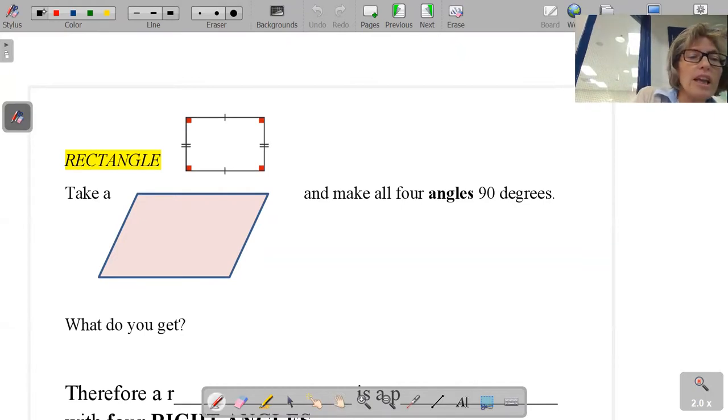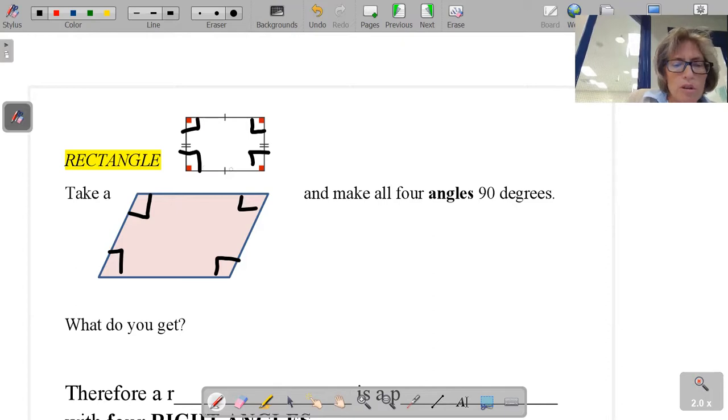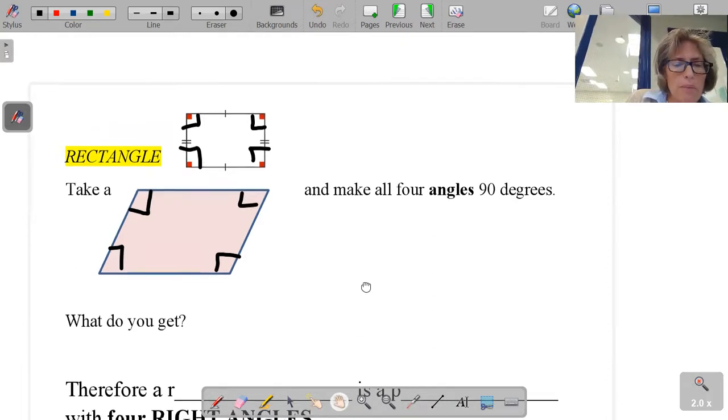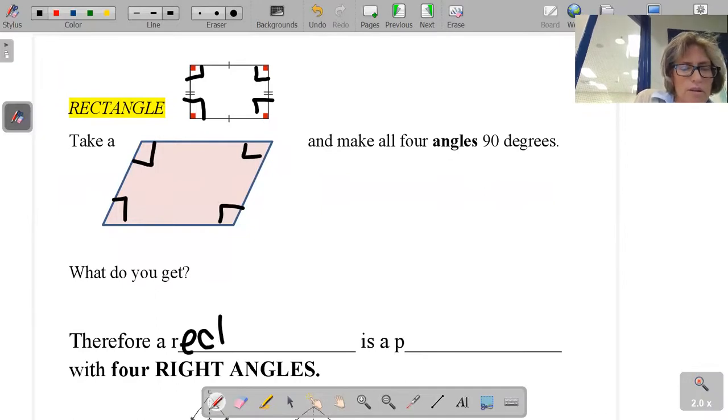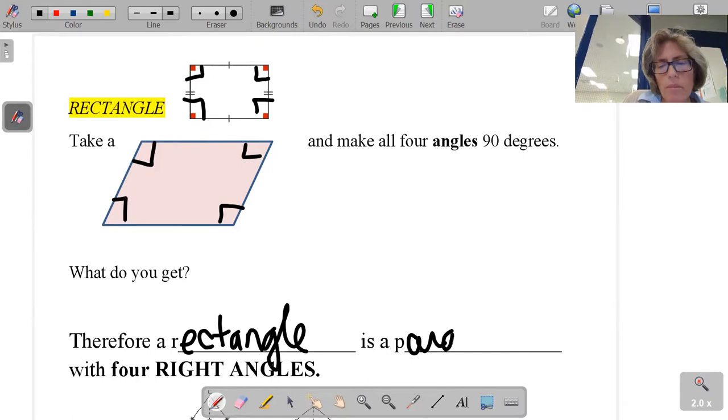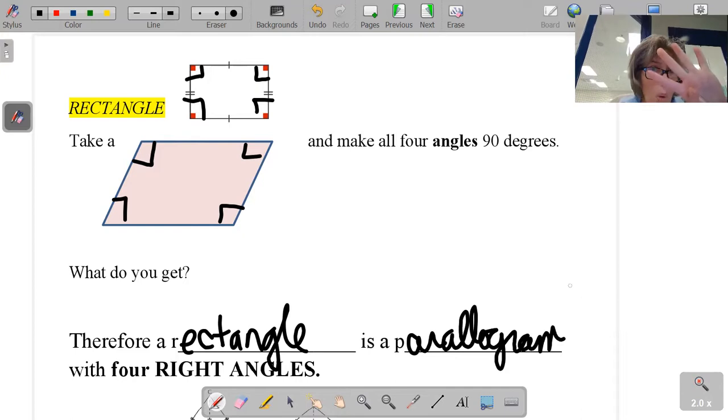If you take a parallelogram and you square up the corners, you have a rectangle. So a rectangle, by basic definition, is a parallelogram with 4 right angles.